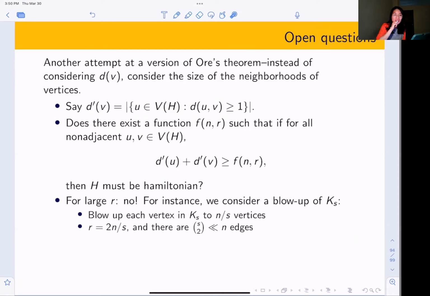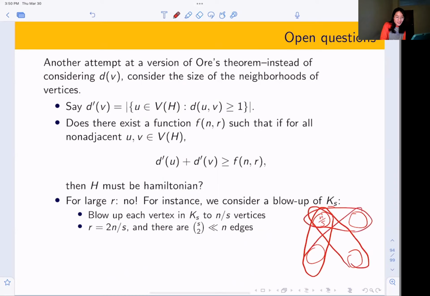And still, unfortunately, the answer is no for general r, because I can construct, for large r, say linear in n, some bad example. Consider, say, your favorite clique of size s, and we're going to blow it up. So here, every vertex I turn into n/s vertices, and the edges are just these giant edges here.